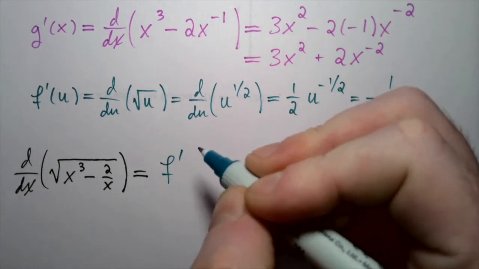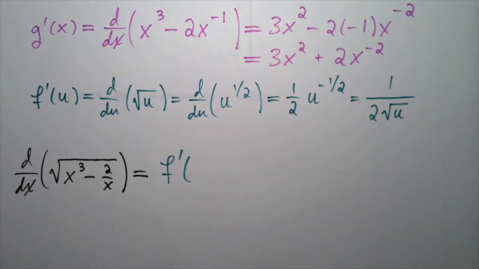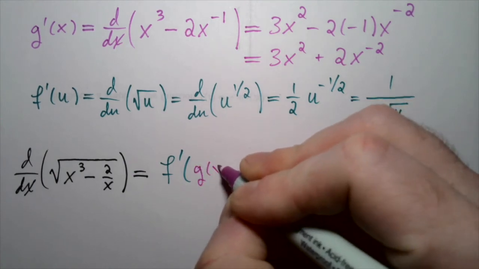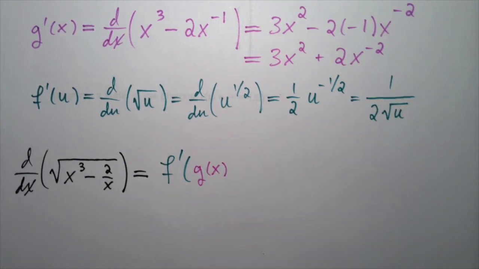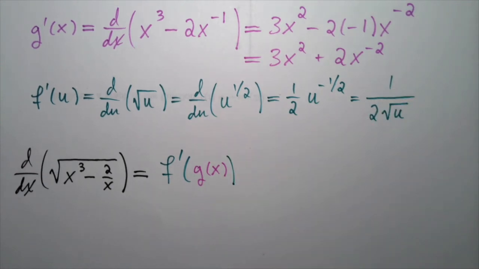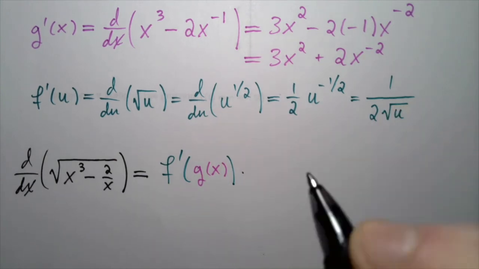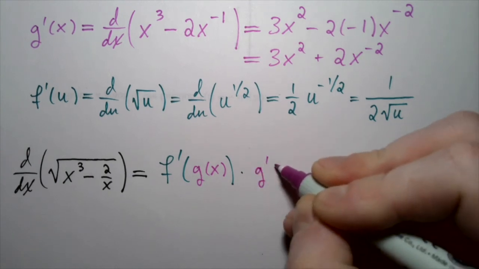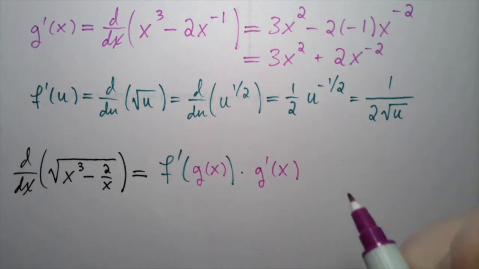That'll be f prime evaluated at the inside function, no derivative. That's what the chain rule says. You just plug in g of x into the derivative of f, and then we multiply by the derivative of the inside function.